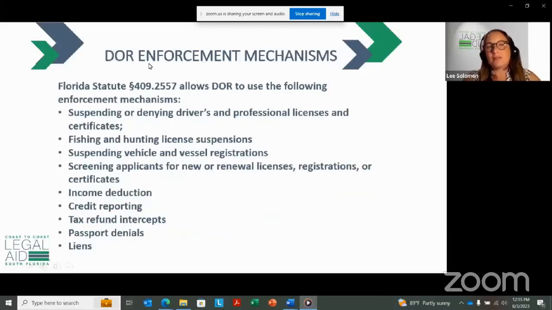So now DOR cases, the Department of Revenue has all sorts of enforcement mechanisms once they get an order for support that they use in order to enforce it.